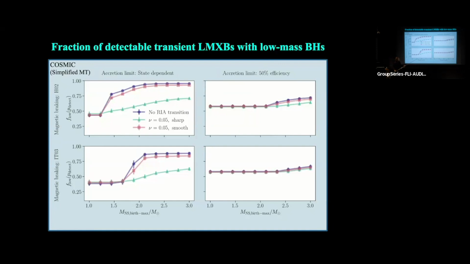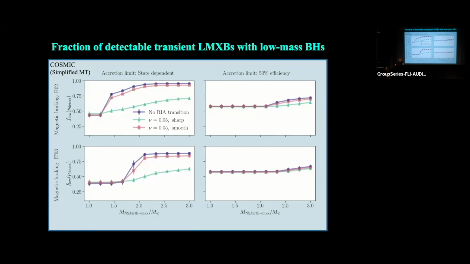The x-axis is a function of the birth maximum mass of the neutron star. Why is this important? Because of the second population.